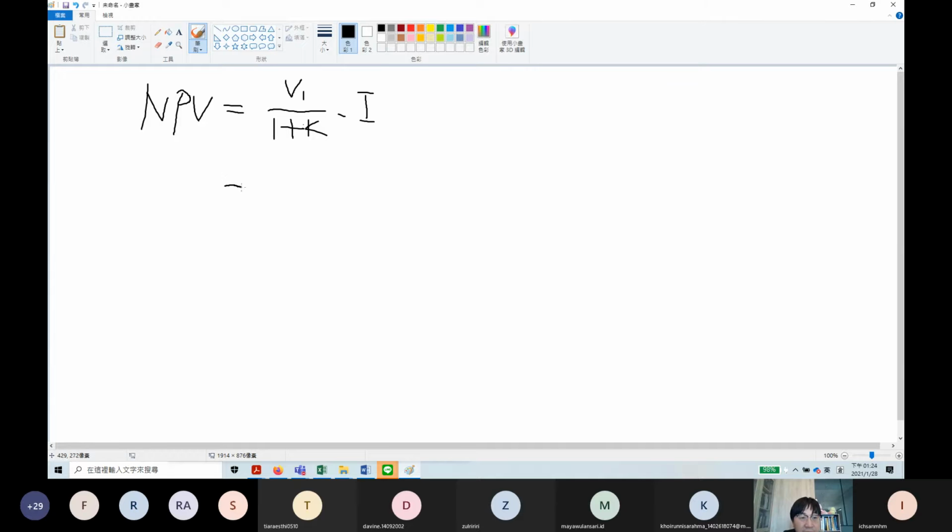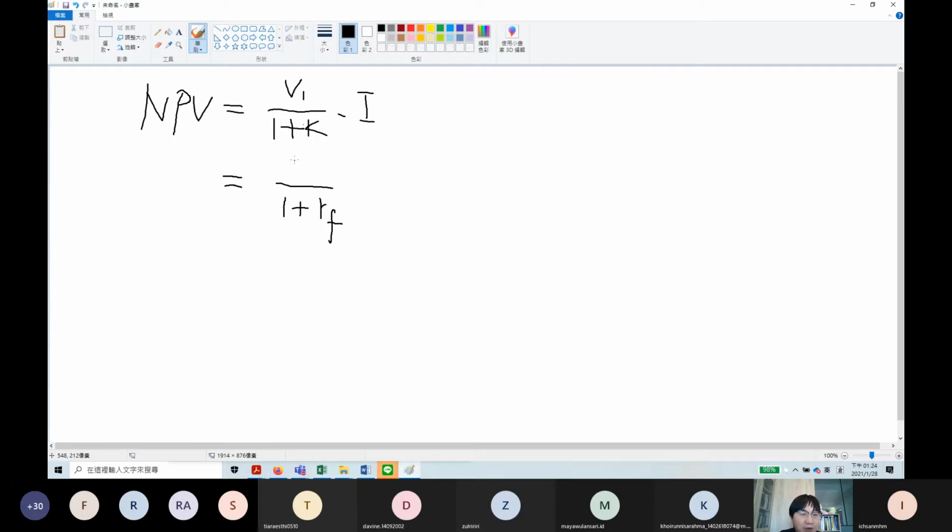Now, if I do not use the risk-adjusted rate of return and substitute K with the risk-free rate RF, even though the investment is risky, I use RF as the discount rate, and the numerator has to change. So V1 is changed to CEQ over the discount rate.